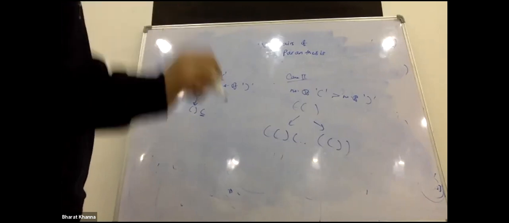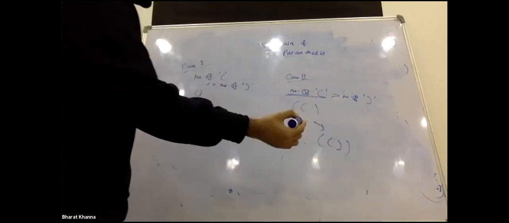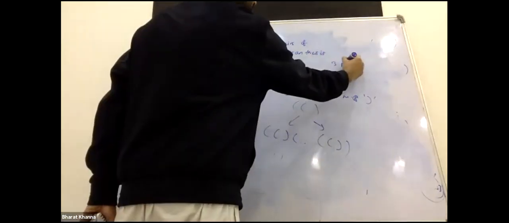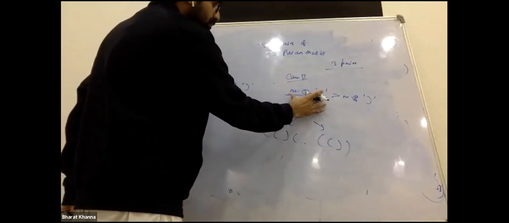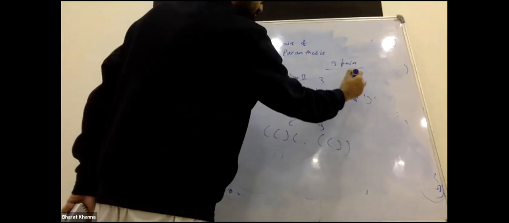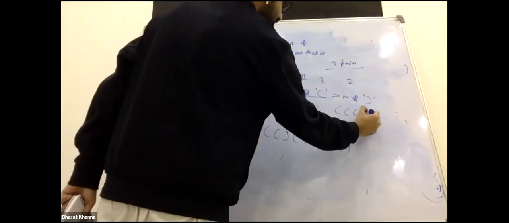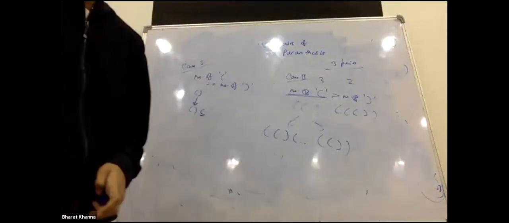It all depends upon the number of this. Let's say I had 3 pairs, and the number of opening brackets that I have used till now is 3, and the number of this is, let's say, equal to 2. A case could be like this, and this. Can you add another opening bracket after this?